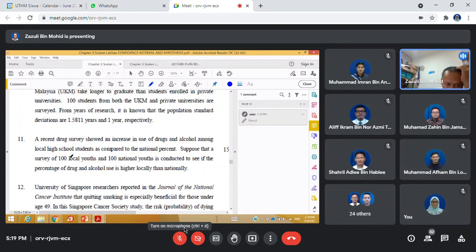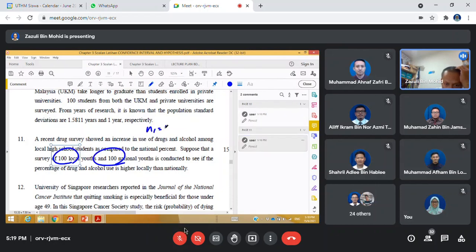Suppose that a survey of n1 equals 100 and n2 equals 100. Consider to see if the percentage of drug and alcohol use is higher locally than nationally. Local is referred to n1 or n2? Kena tengok kat sini.